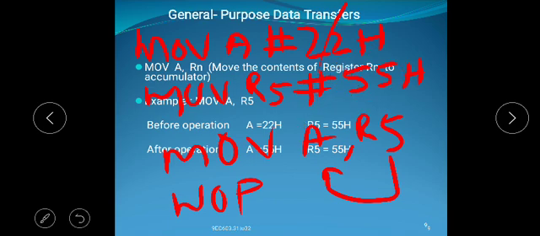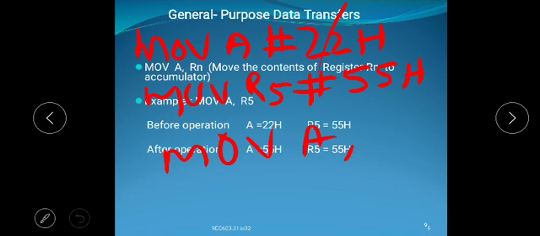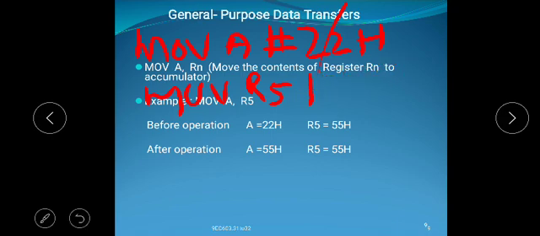MOV A, Rn moves the contents of the register Rn to the accumulator register. The example MOV A, R5: before the operation A is equal to 25H, R5 is equal to 55H.